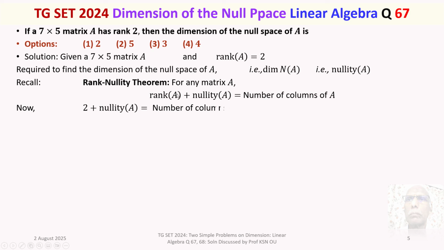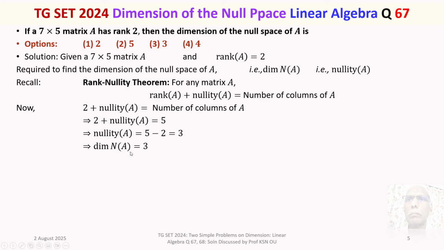Now, the rank of A, which is 2, plus the nullity of A, which we want to find, is equal to the number of columns of A. That is 2 plus nullity of A equals 5, since the number of columns of A is 5. Therefore, the nullity of A is 5 minus 2, which is equal to 3. That is the dimension of the null space of A, equal to 3.